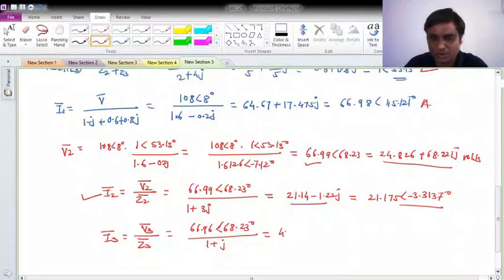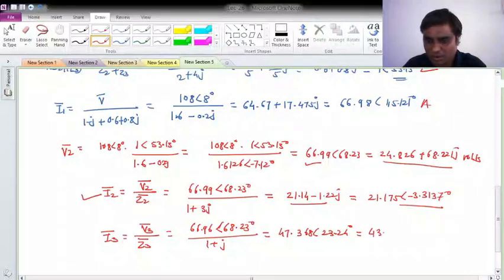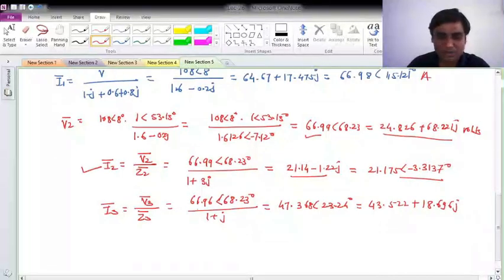This gives 47.368 with angle 23.24 degrees, and its rectangular form is 43.522 plus 18.696j. Okay, now I know I3 phasor.